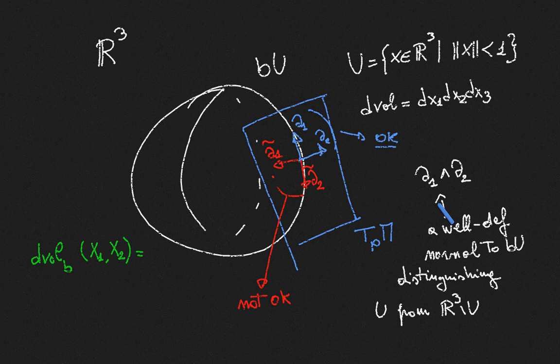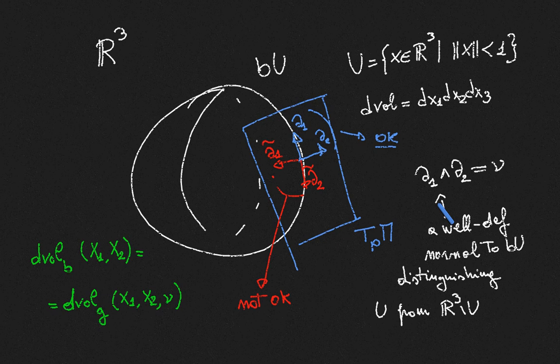Well, this will just be the volume on R3 of x1, x2, and nu, where nu is this well-defined normal.